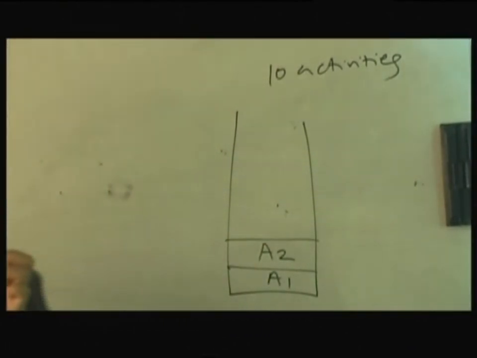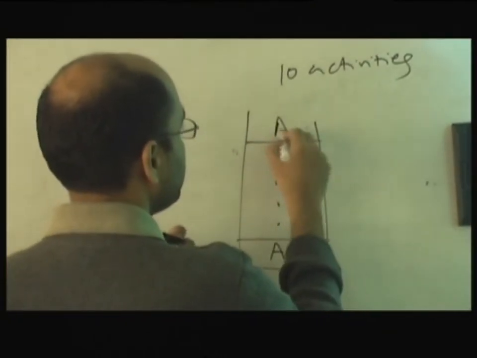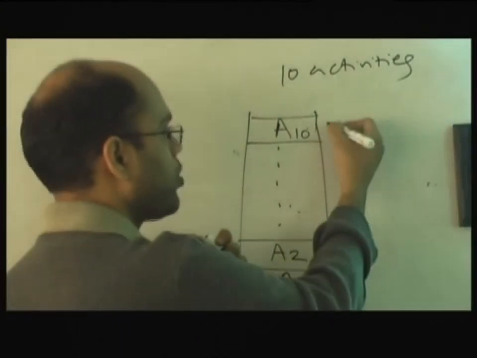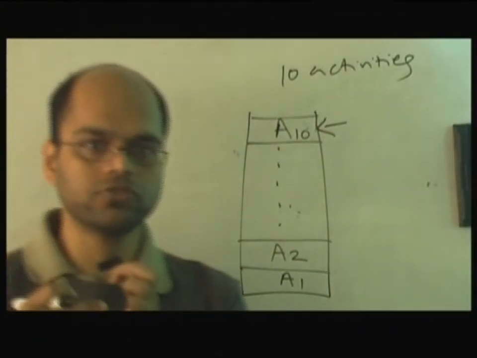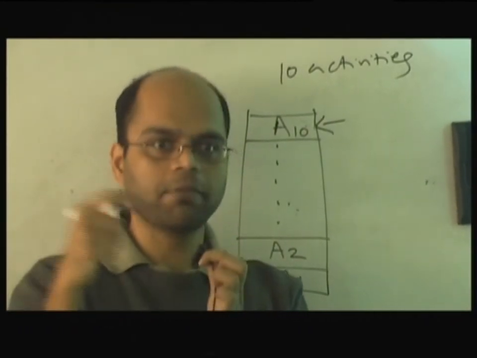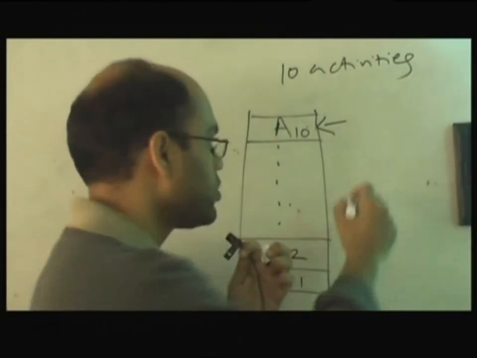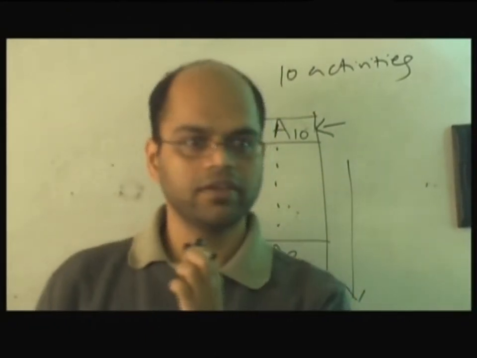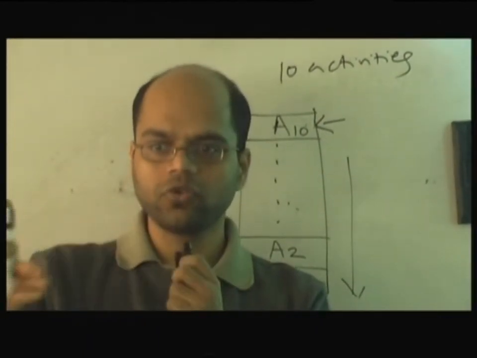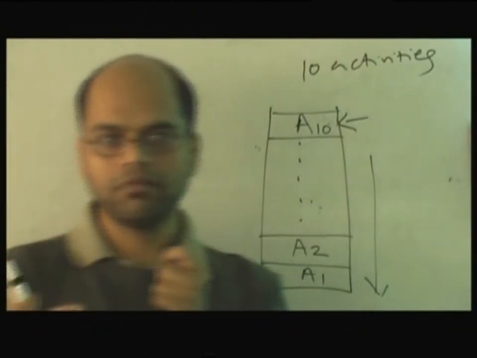If you go on doing next, you can go all the way to A10. Whatever is at the top of the stack is what the user will see. Then when he presses back, if there is a back control, you start taking out the activities and go back all the way down to A1. So this is the stack implementation of activities. You can show one activity at a time and then move between the current and previous activities.